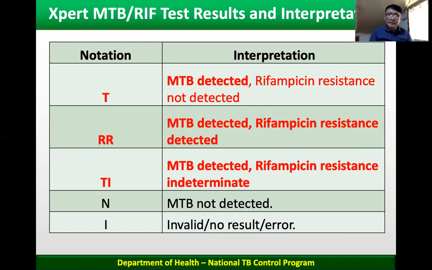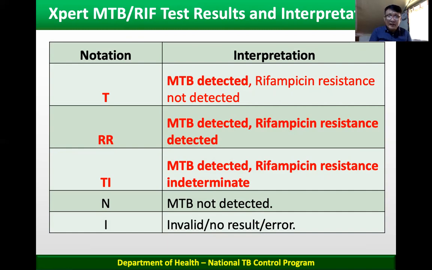Now, when you say RRTB, it is MTB detected, rifampicin resistance detected. So this is MDR. Now, TI is still positive for TB, but the rifampicin resistance is indeterminate.